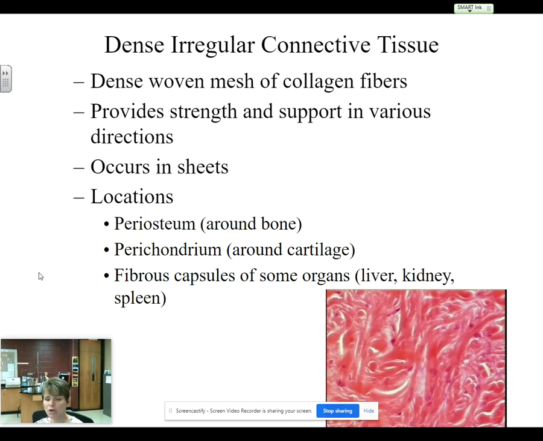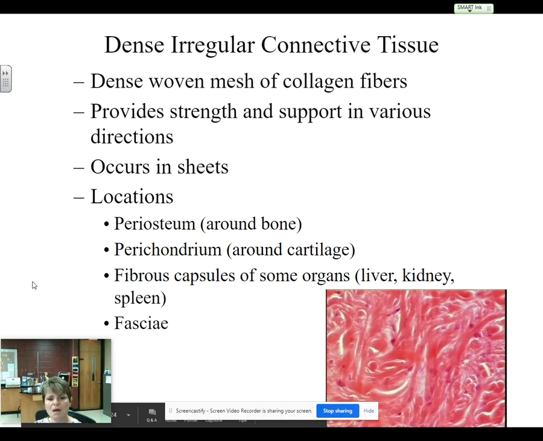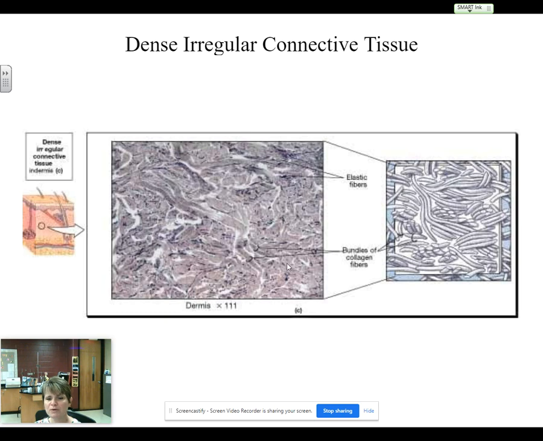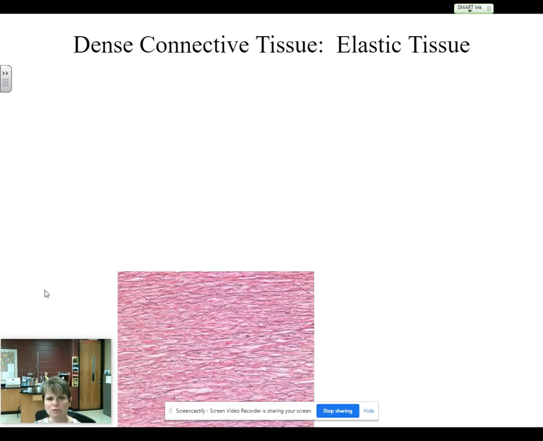Now, again, I'm not going to be asking you to identify this dense irregular tissue. You can just see there, you don't have those parallel fibers. They're all just running in different directions, forming that network of collagen fibers.